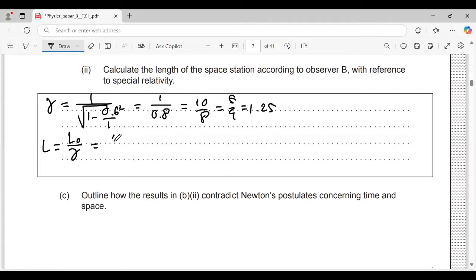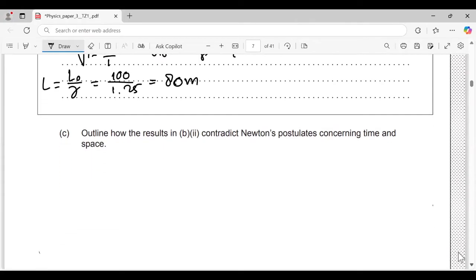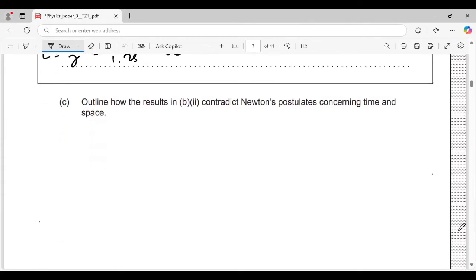The proper length is 100 meters over gamma, which is 1.25. If you calculate, it becomes 80 meters, right? So the length of the space station according to observer B with reference to special relativity is 80 meters. So there is a difference.